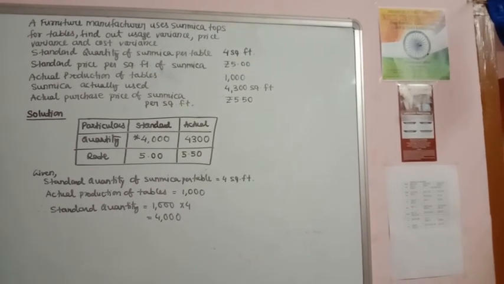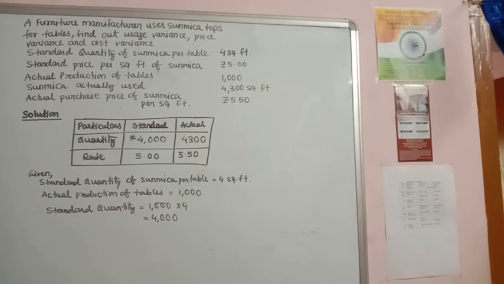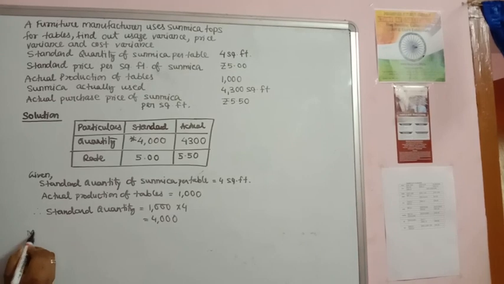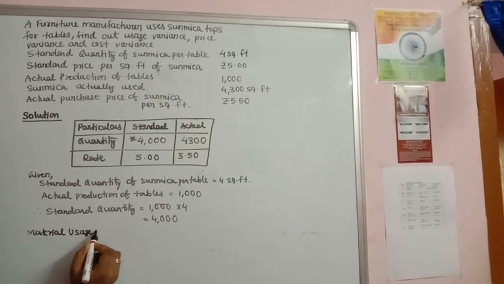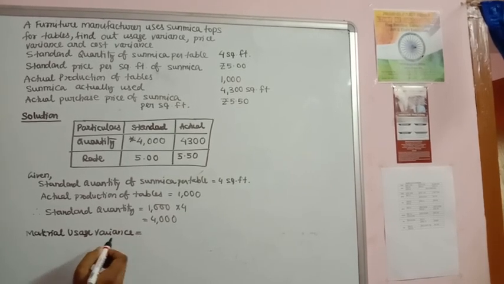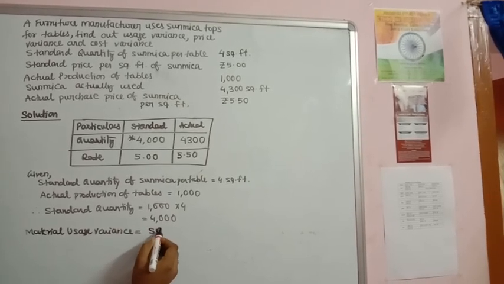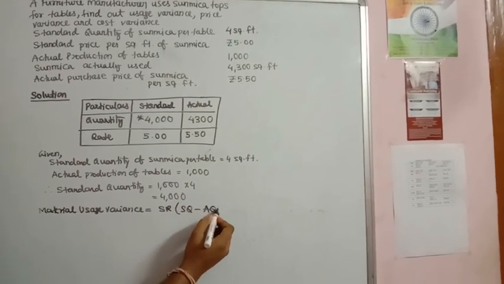So now the first thing we need to find out is the usage variance. So first of all we will find out the material usage variance. The formula of material usage variance is standard rate into standard quantity minus actual quantity.